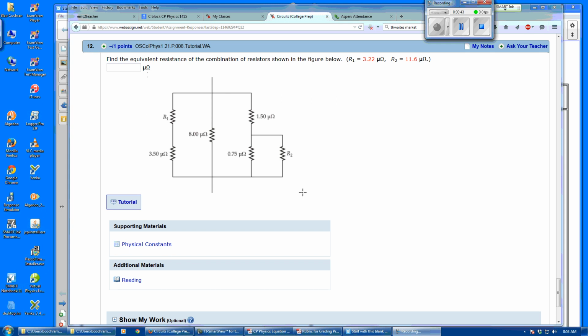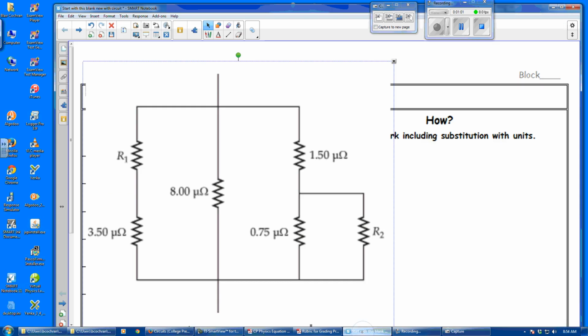So it's not a full circuit problem in that we don't need the plot and all of that stuff, but we need to do all the diagrams. Notice there was a tutorial that went along with this one. So some people find those very helpful, some people find them very frustrating, but just to make you aware of those so that in case you find them helpful, they can be used there.